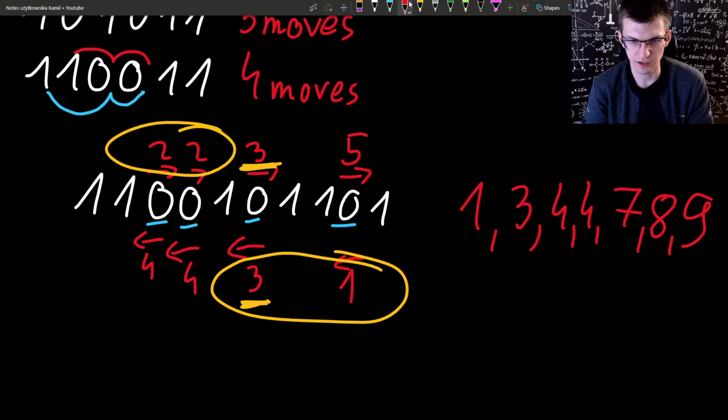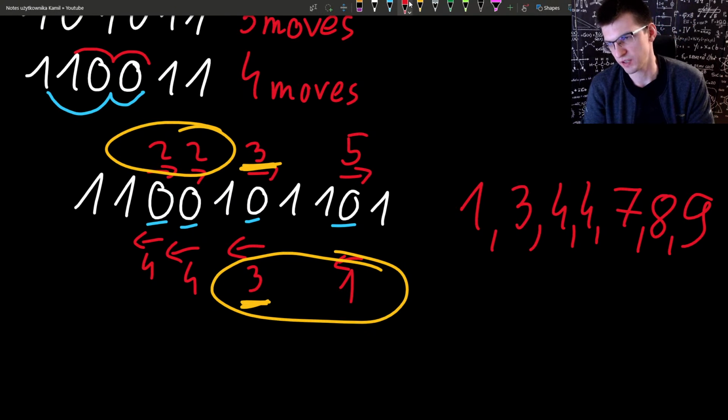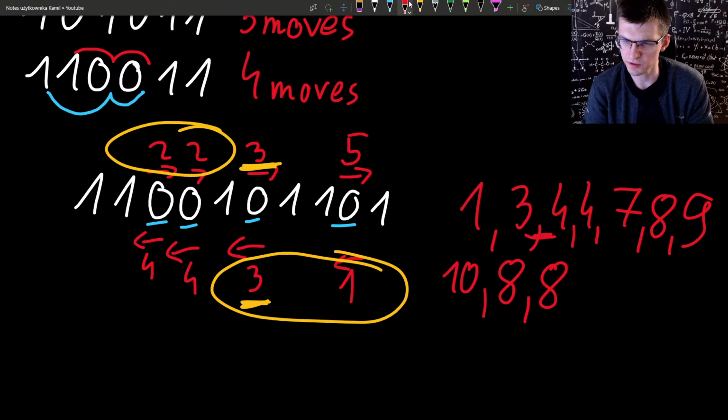And the same sequence for moving to the left is, let's say, 10, 8, 8. Actually, can they be different? I think they need to follow some kind of pattern, like the differences must be the same. It doesn't matter too much.